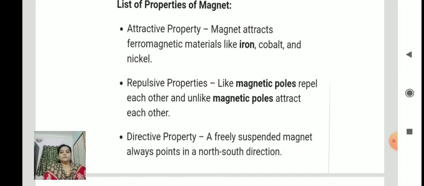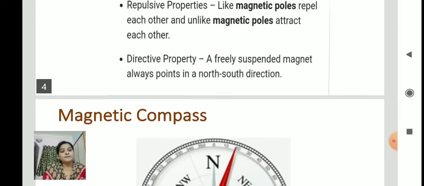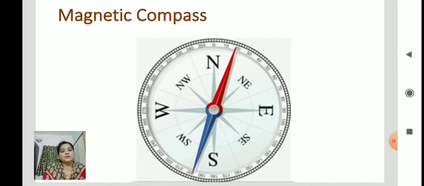So this directive property, as we discussed: whenever a magnet is freely suspended, it always points in the north-south direction, the north pole showing the geographic north and the south pole of the magnet pointing towards the geographic south. Depending upon this directive property of the magnet, the magnetic compass has been designed in order to show direction in navigation.